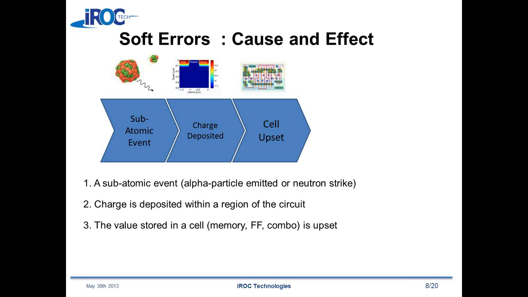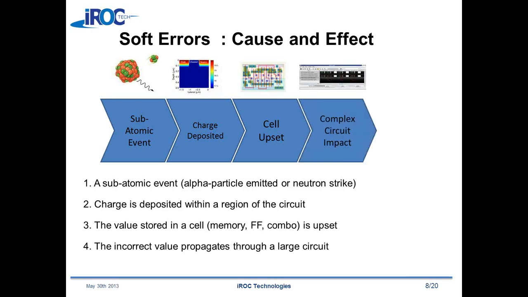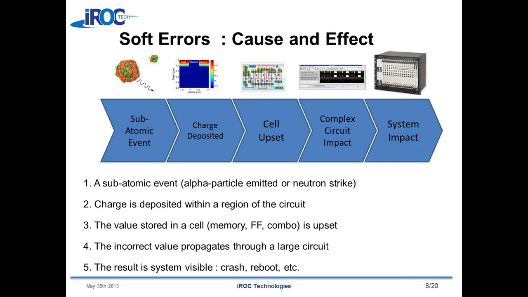That could be a flip-flop or a memory bit, or one of those transient pulses that we saw earlier, and that causes an incorrect value to get into your more complex digital circuit. Eventually that incorrect value, depending on whether it's a packet, data being returned to a microprocessor, or the program counter of your microprocessor, has an effect on your system. If it's something like the program counter, it's going to have a big impact.